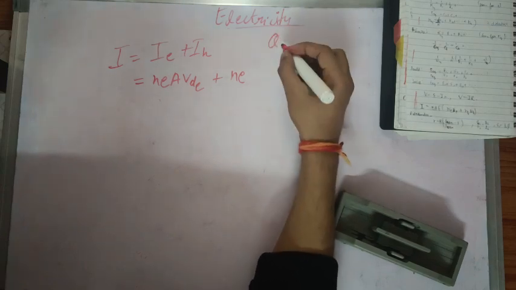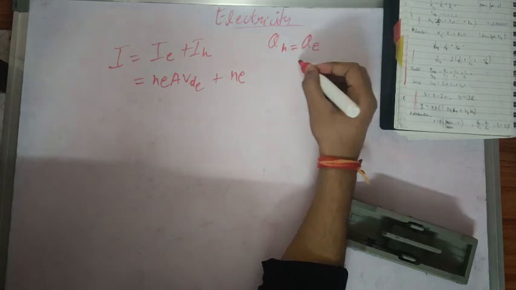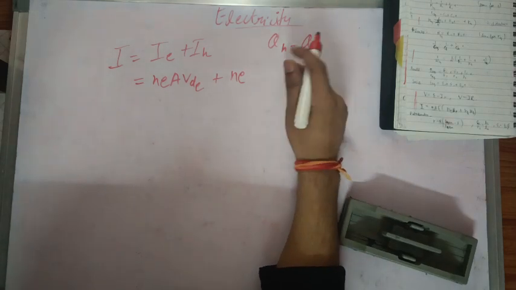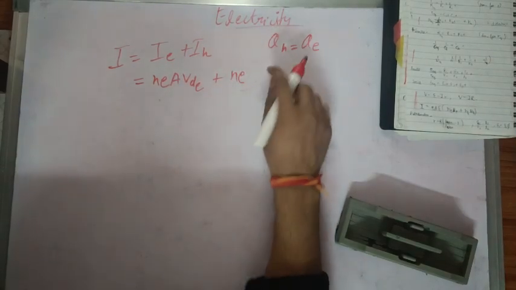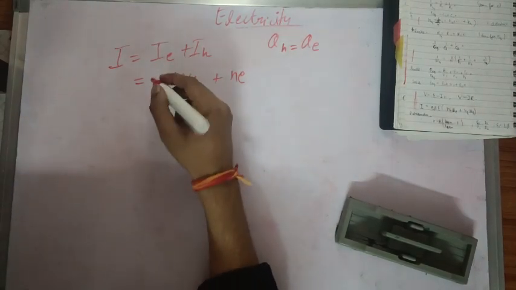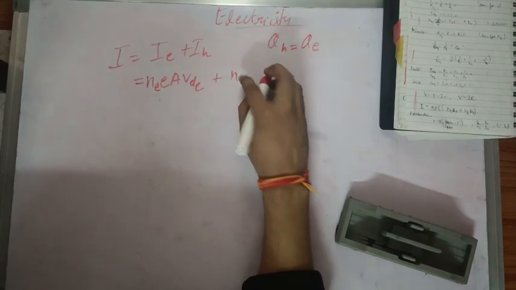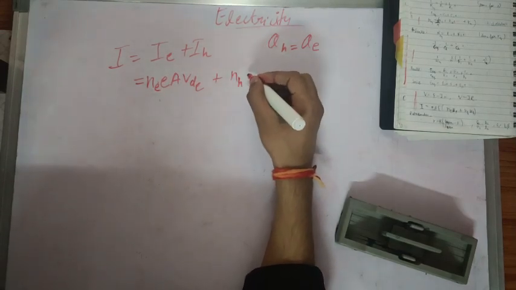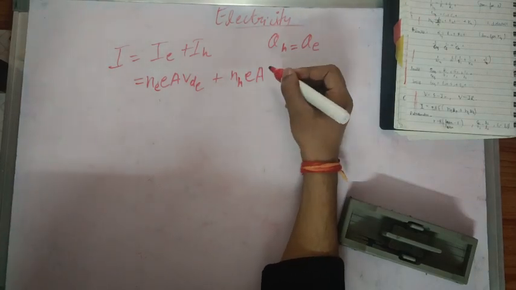The charge magnitude of the hole is also equal to the charge magnitude of the electron, so both have the same magnitude of charge, E. And let's say the density of electron is Ne, and the density of hole is Nh, and its charge is again E, and the area of cross section would be the same for both.